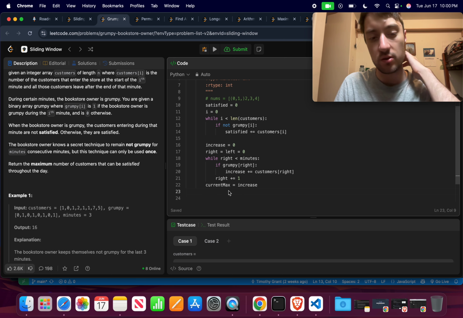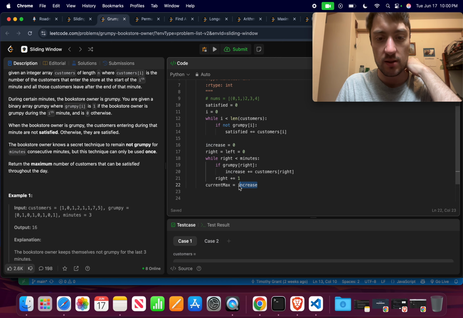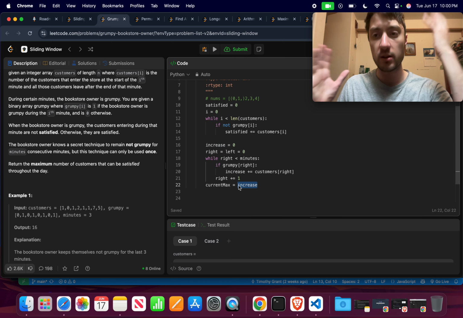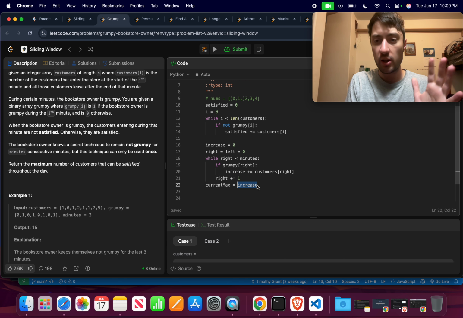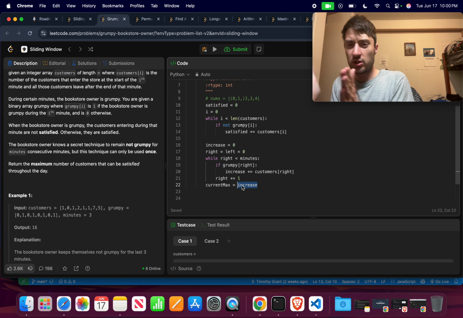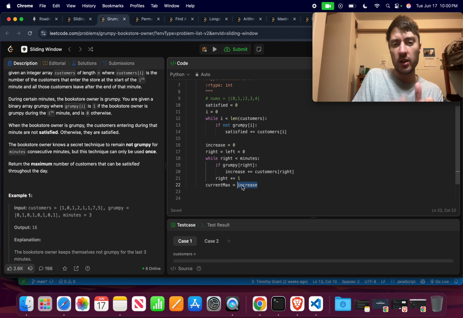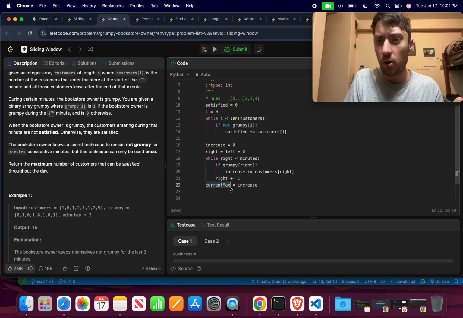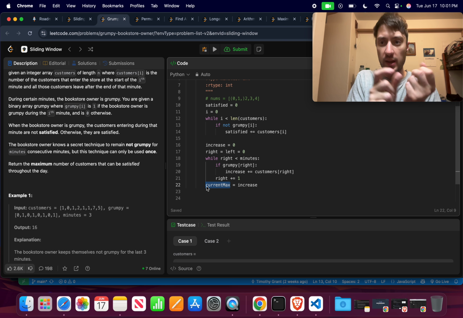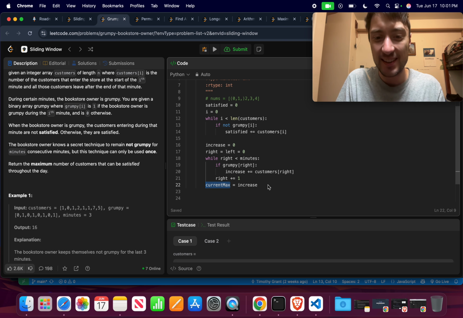Current max is the current maximum increase, and this increase here is going to be my context. I need to be able to change it because increase is going to be changing the entire time as I'm sliding it. I need some variable to store my current maximum without changing as it gets slid.